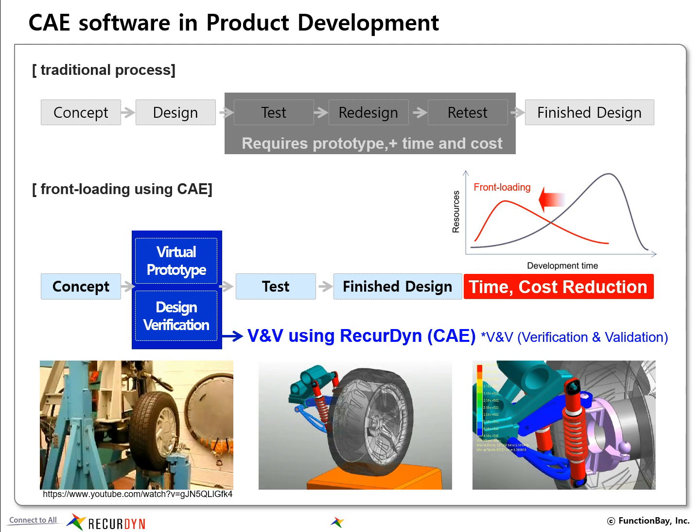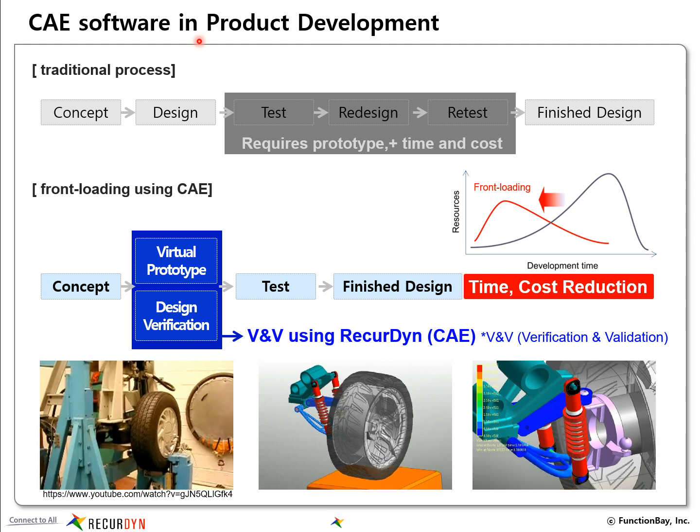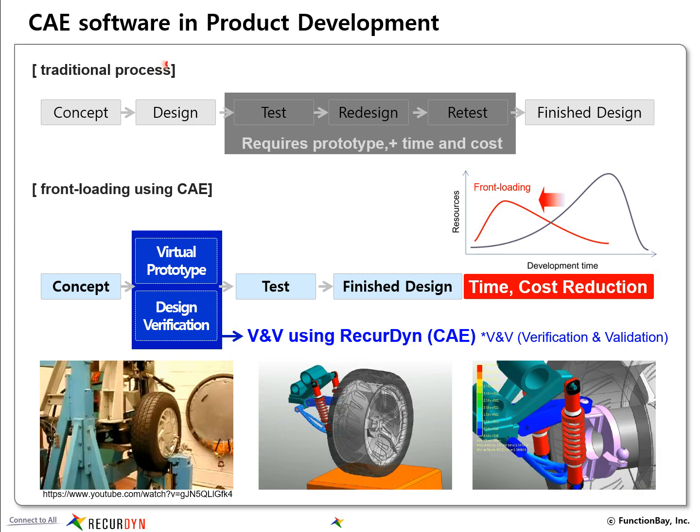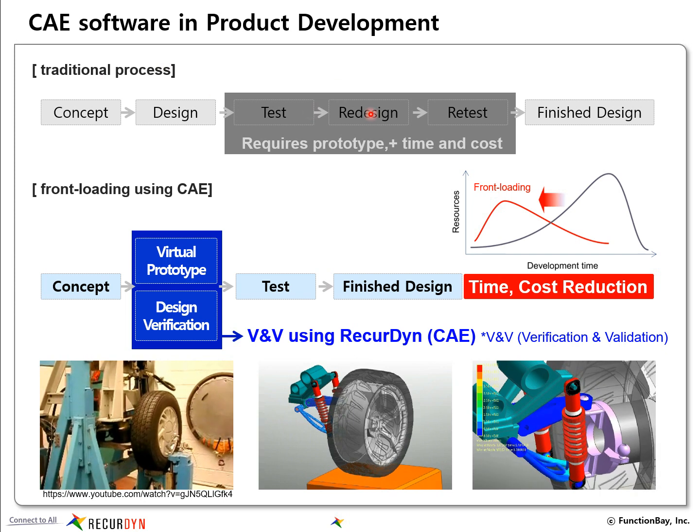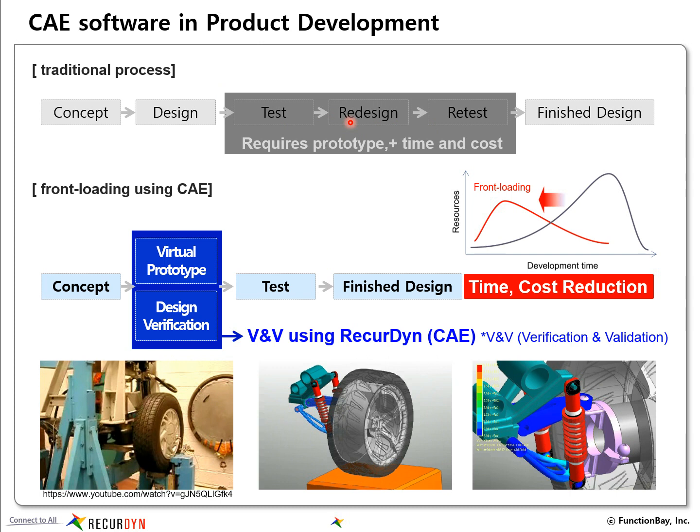Without using CAE, when a product is developed, concept, design, test, using the physical prototype is the usual process. If any problem occurs during this test stage, the design needs to be modified and it must be tested again. This process requires lots of time and cost.